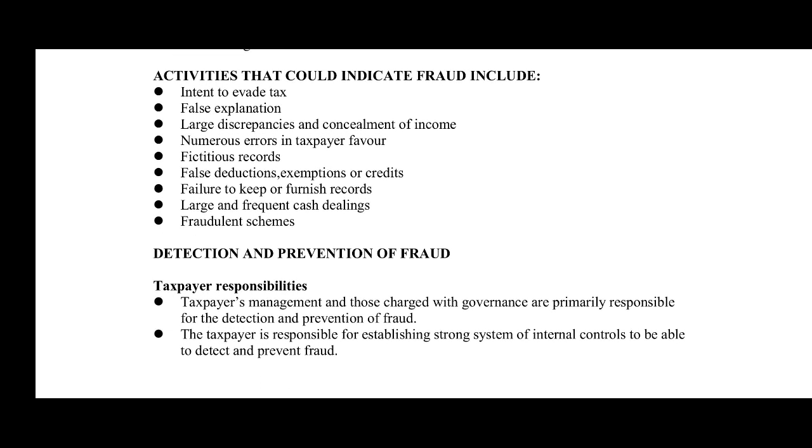When you have the intent to evade taxes, when you give false explanations or misleading information to the tax authorities, when you impede tax legislation, when there are large discrepancies and concealment of your income, when you have numerous errors in your own favor, when you have fictitious records, false deductions, exemptions, or credits, when you fail to keep, furnish or file returns and records, when you have large and frequent cash dealings, and you don't record any customers you sell to or suppliers you buy from. Then when you have fraudulent and Ponzi schemes, all those things indicate fraud.